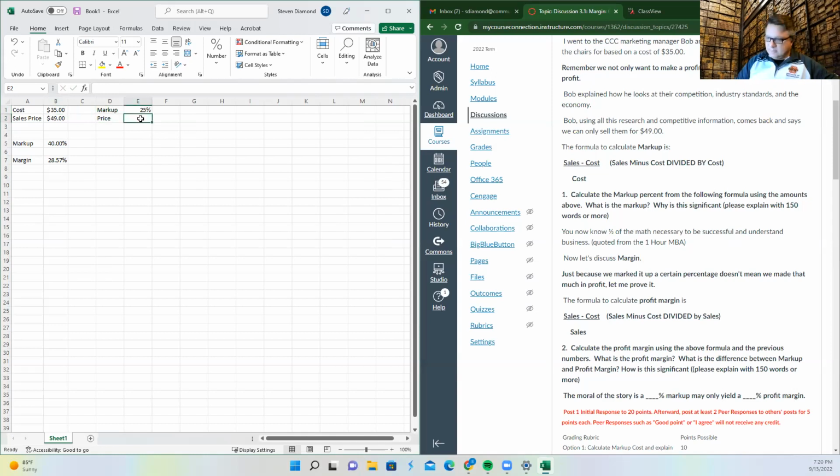Let it know we're going to do a formula. So we're going to take the cost divided by, and I'm going to do my parentheses here because I want them to do that first, 1 minus your markup percentage. And I will turn this one definitely into money.